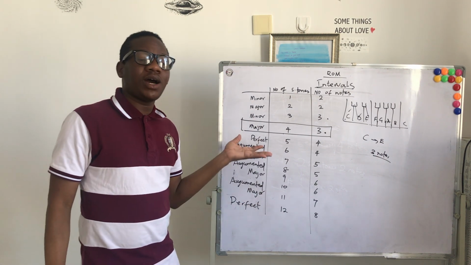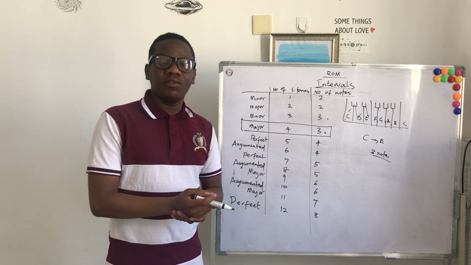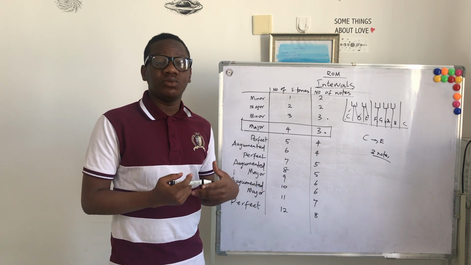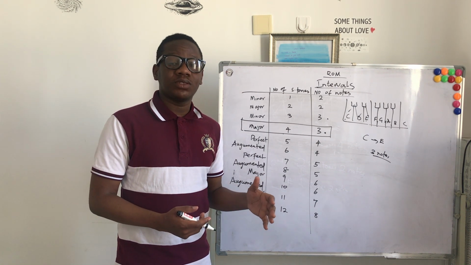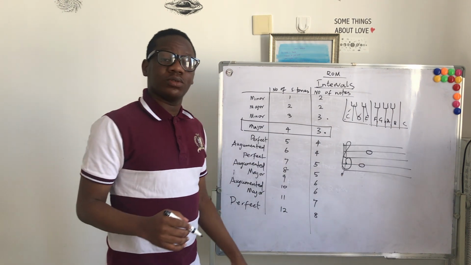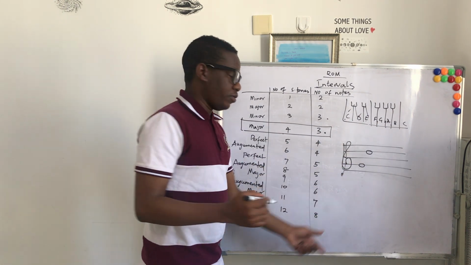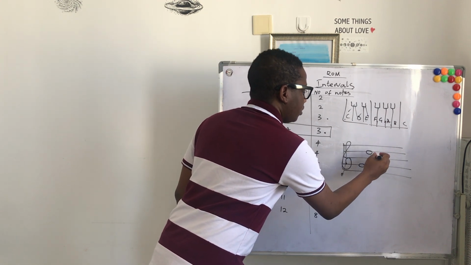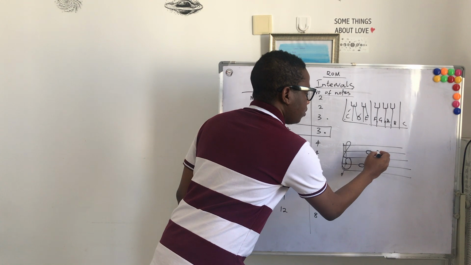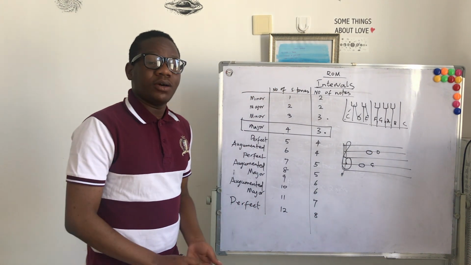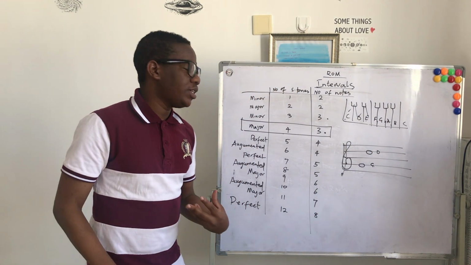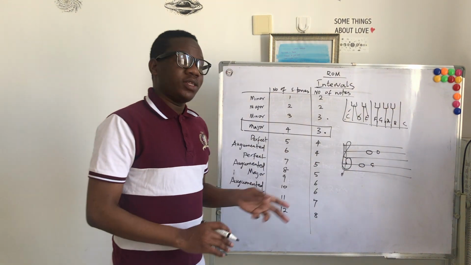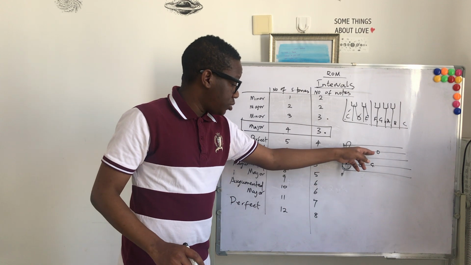Okay, so let's see how this is drawn on the stave, because like I said, most of the time that's what will be given to you in many theory of music exams. Now look at these two notes. On the treble stave, this is G, this is D. Now note that the interval is not from D to G. The interval is from G to D. Why?